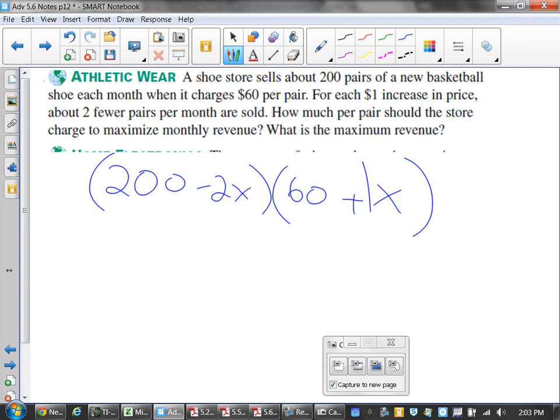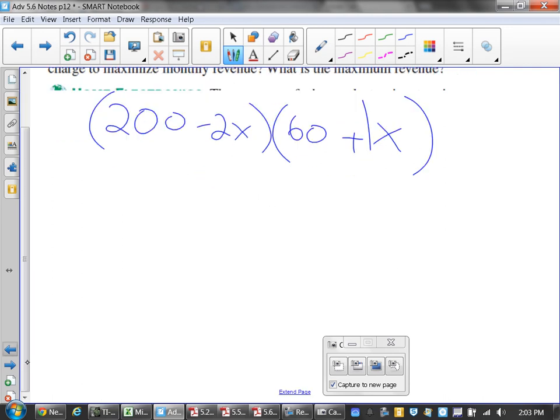Okay, so at this point, what you're trying to figure out is that you get a quadratic. With quadratics, if I multiply this out, which you should never multiply these out, you'll notice that your x squared term becomes negative. Does everybody agree on that? The x squared term becomes negative, so it's going to look like this.